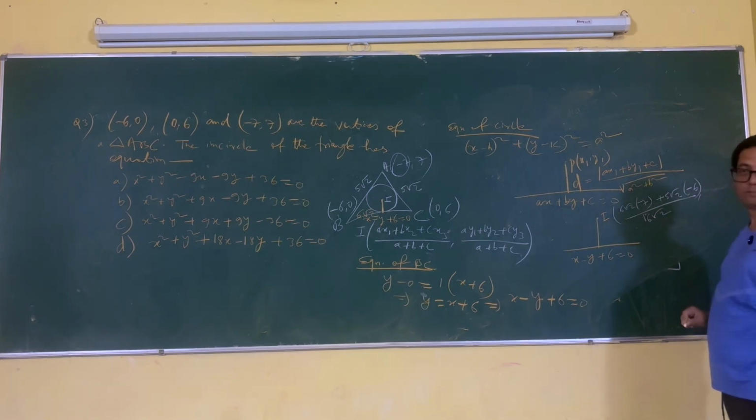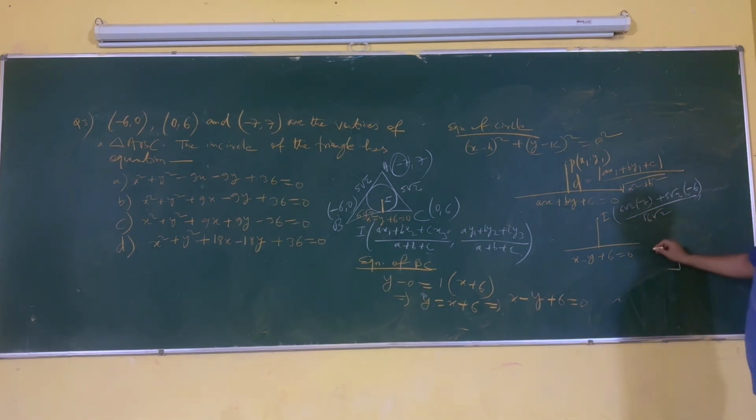In a similar way, if you go for the y coordinate, then a y1: 6 root 2 times 7, 0 times anything is 0 only, then you will have 5 root 2 into 6, upon 16 root 2.